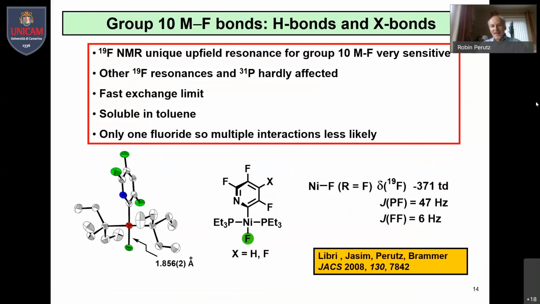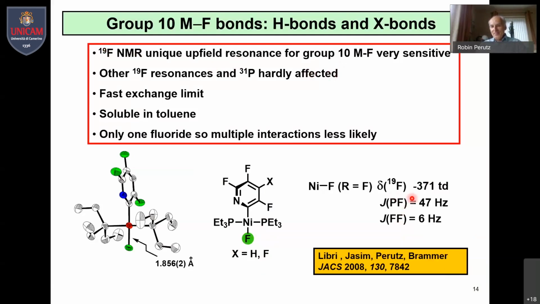So if we go instead of the ruthenium to nickel, here we have some square planar nickel complexes with a fluoride on them. And the first thing to say is that the fluorine NMR shows a very strongly upfield shifted resonance for that metal fluorine.